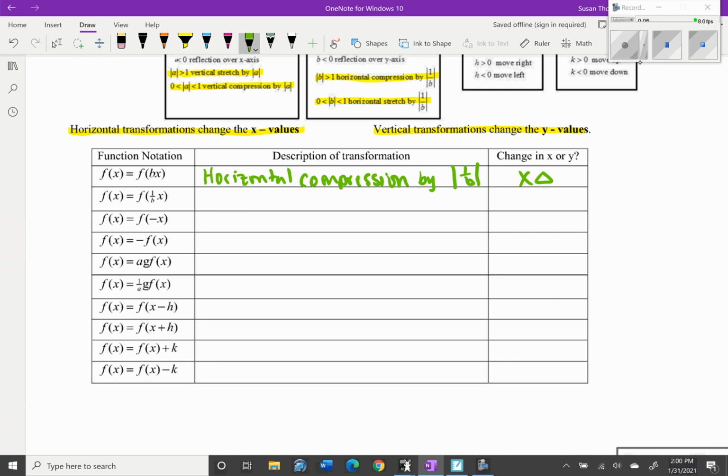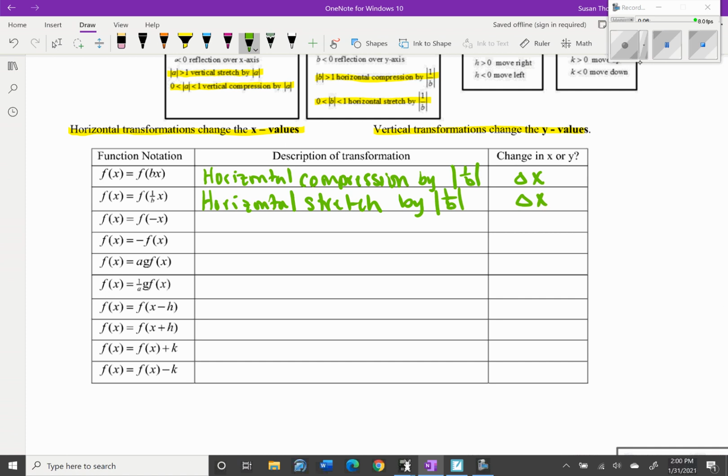So this is 1 over b. So 1 over b is going to be a number in between 0 and 1. So this one's going to be a horizontal stretch by the absolute value of 1 over b. So again, you're going to change your x.